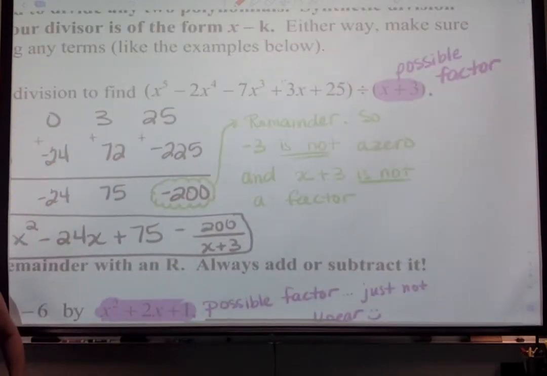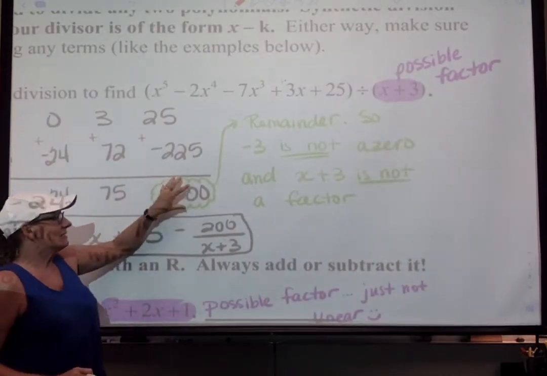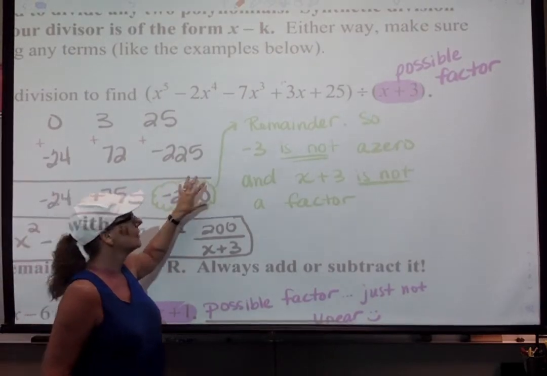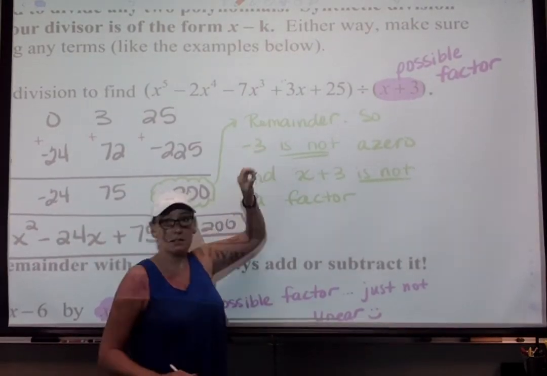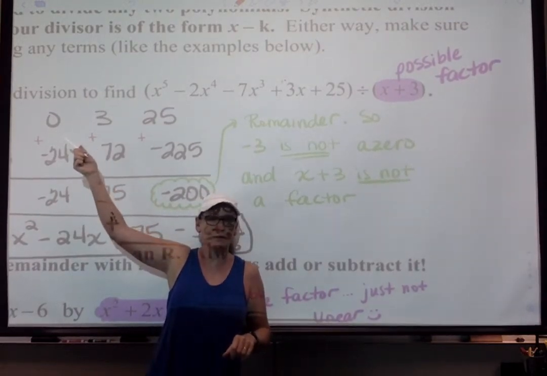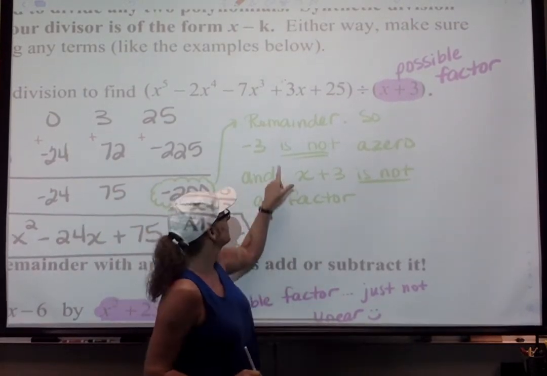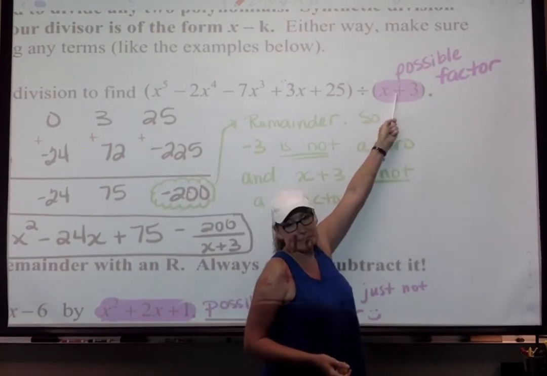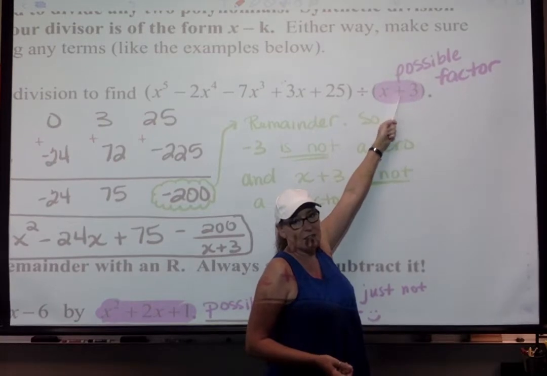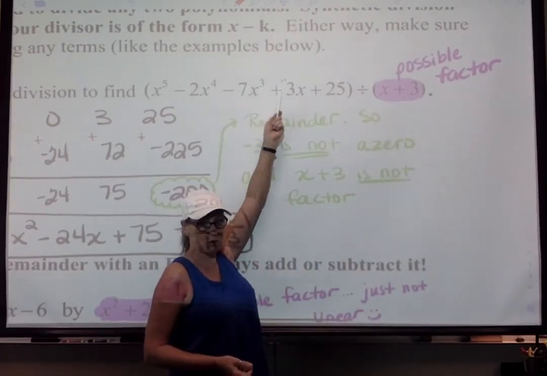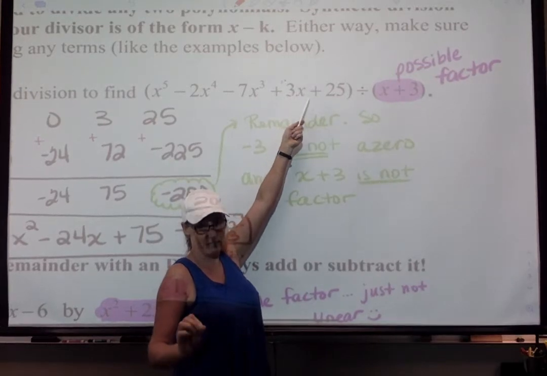So a couple things I want to point out. Since I do have a remainder, -3, the one that I wrote up there in the little box in the corner, it's not a 0. And since -3 is not a 0, that's not a factor. This does not go into this polynomial evenly.